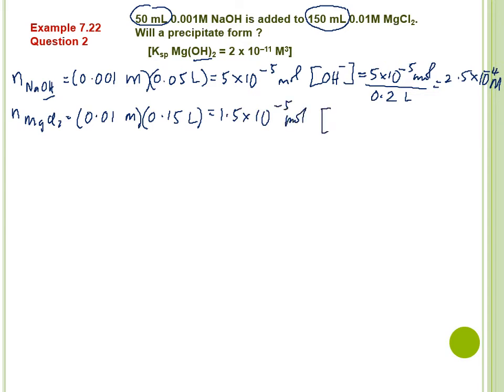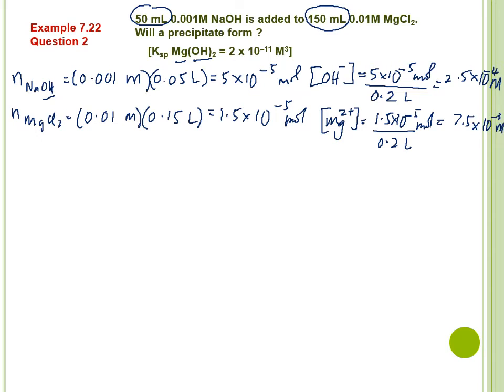And what is the concentration of magnesium, Mg2+? It is 1.5 times 10 to the power of negative 5 mole divided by 0.2 liters, the total volume, and you will get the answer 7.5 times 10 to the power of negative 3 molar.